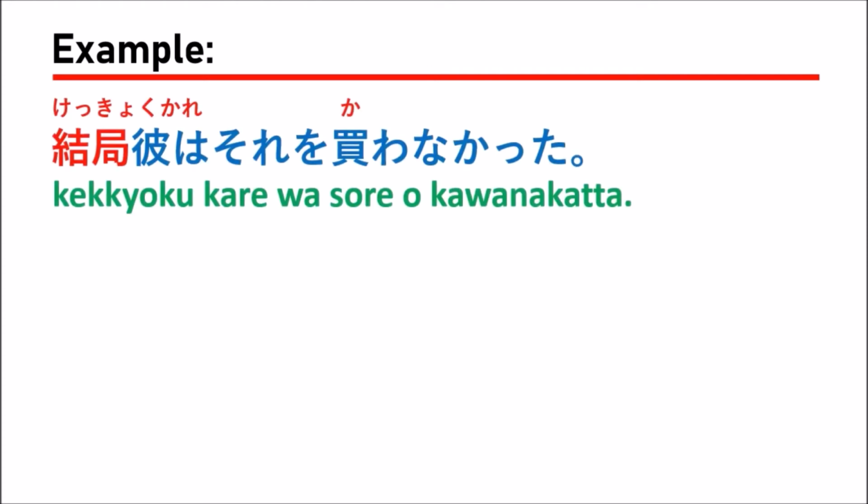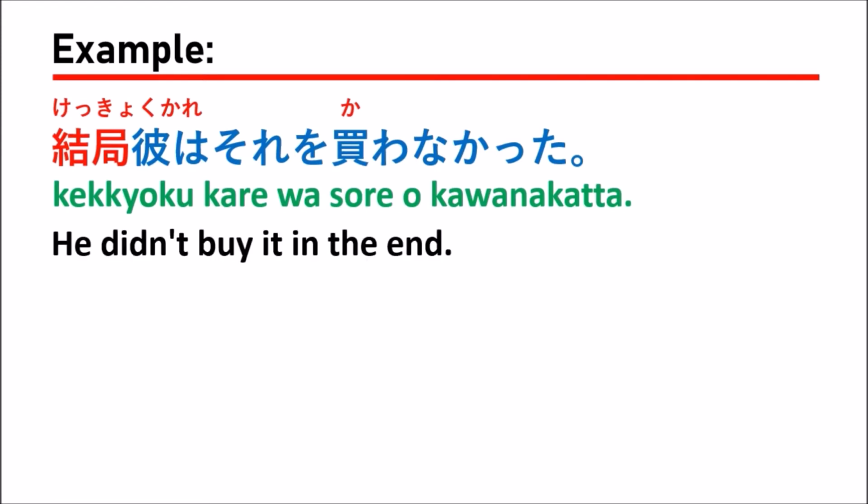The first example: 結局彼はそれを買わなかった。Which means, he didn't buy it in the end.